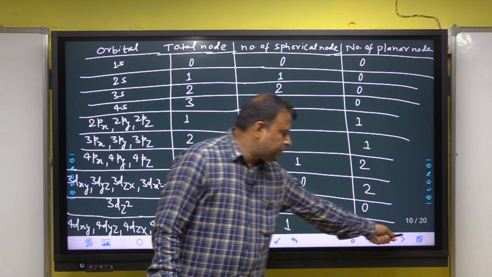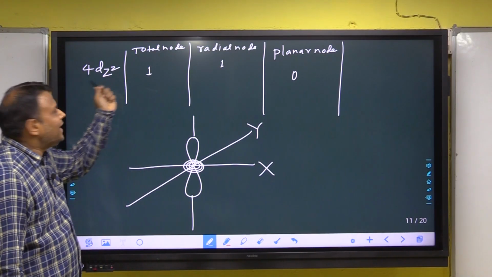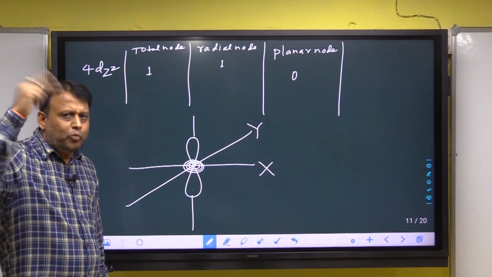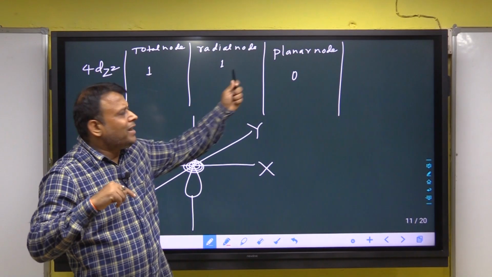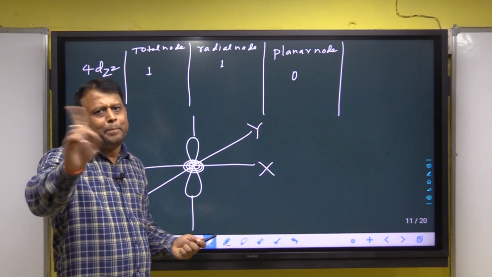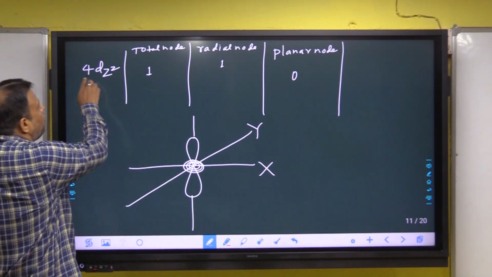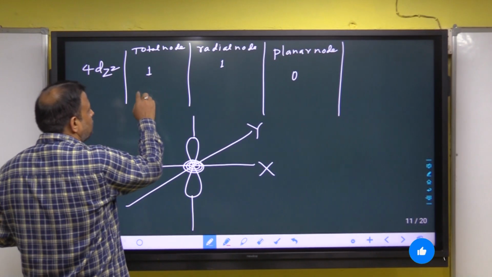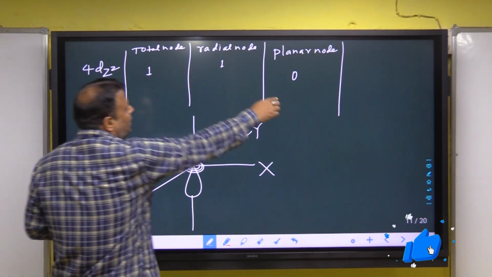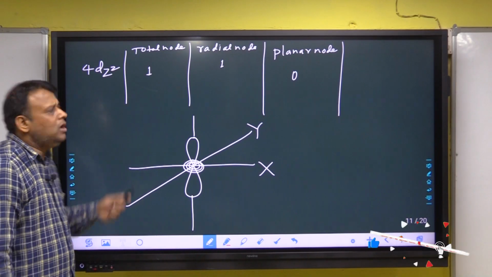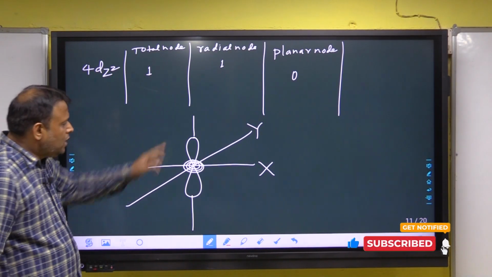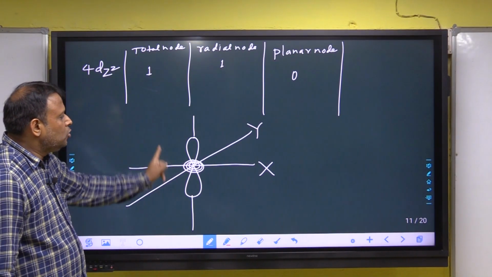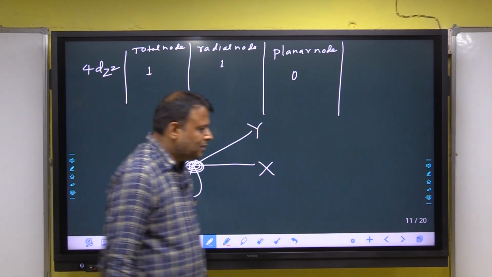But in the case of 4dz square, by the formula the total node would be 3, that is 1 radial plus 2 planar, but the planar node of dz square is 0, and hence for 4dz square the total node is equal to 1, not 3, because the diagram of dz square is of this type and hence has no planar node. Clear?